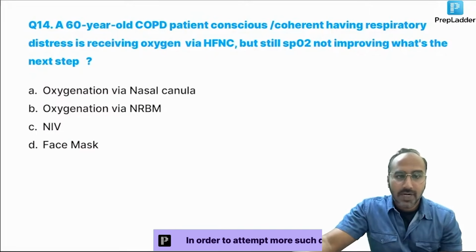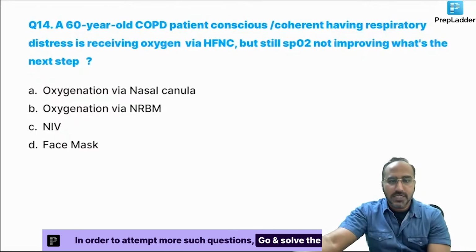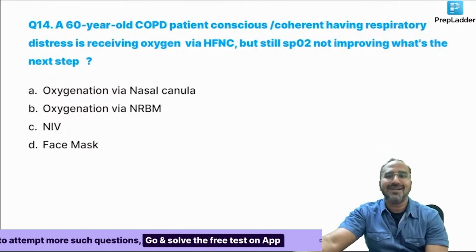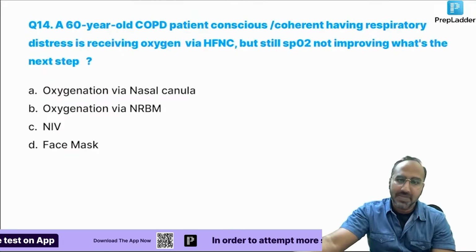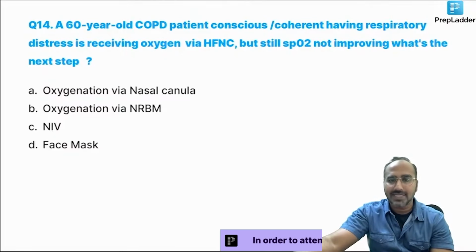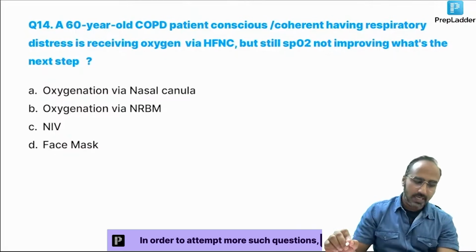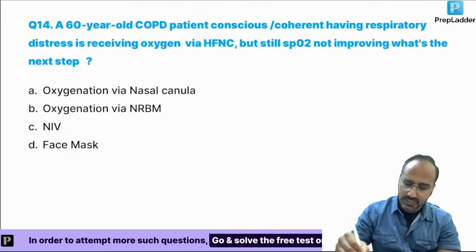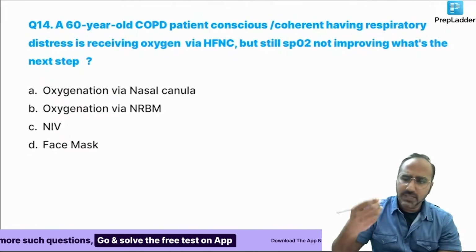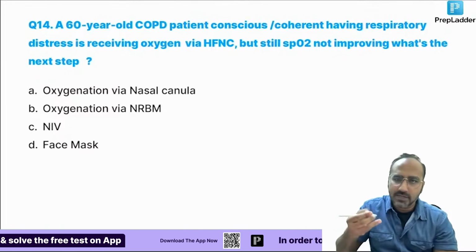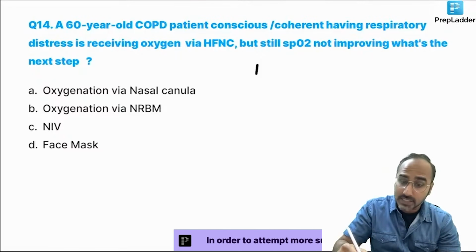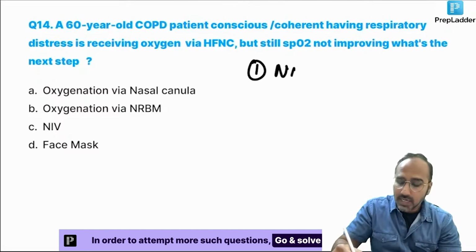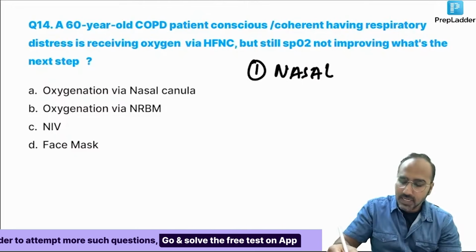Next, a 40-year-old COPD patient, conscious, coherent, having respiratory distress, is receiving oxygen through a high flow nasal cannula, but saturation is still not improving. What's the next step? Imagine this patient just came to the casualty with low saturation. The first airway device that you apply is the nasal cannula.